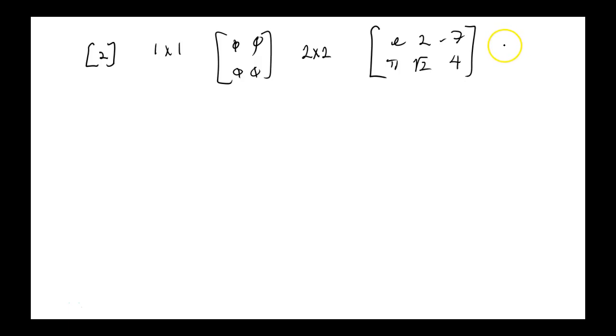Say that again. 2 by 3. Okay, because there are 3 entries. E and pi and root 2 are real numbers. They're just irrational numbers. So it's still 2 rows, 3 columns, a 2 by 3 matrix.